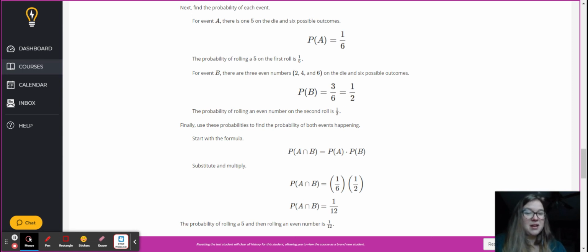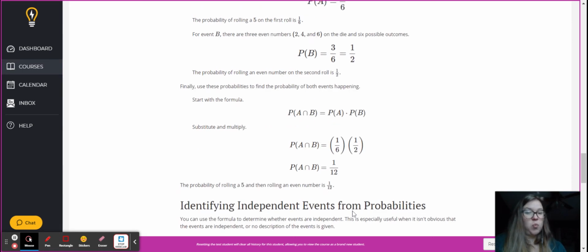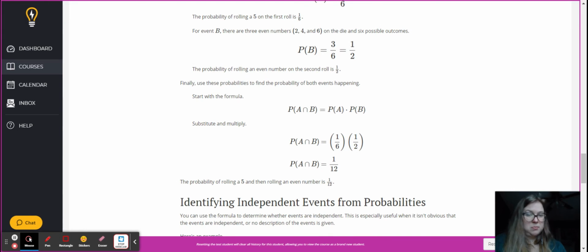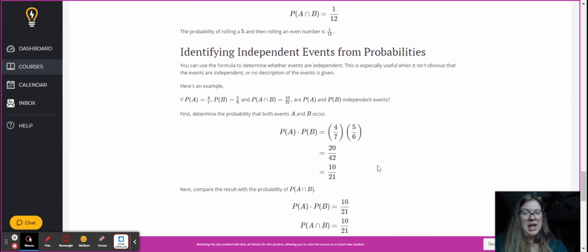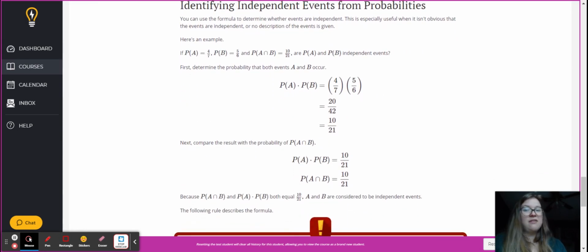Since they're independent, you just multiply them straight across and you would get 1/12. If we wanted to see whether they are independent, we would multiply them and see if we got the same thing. So if we knew what they were together and what they were separately, we can check to see if it is indeed independent.